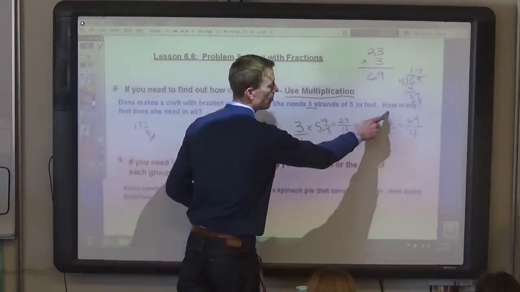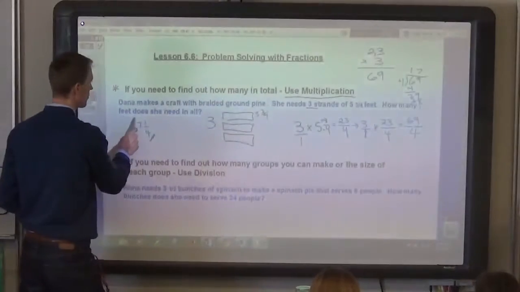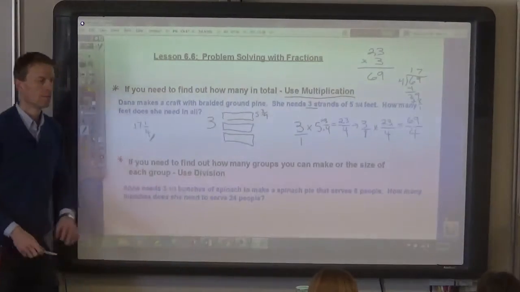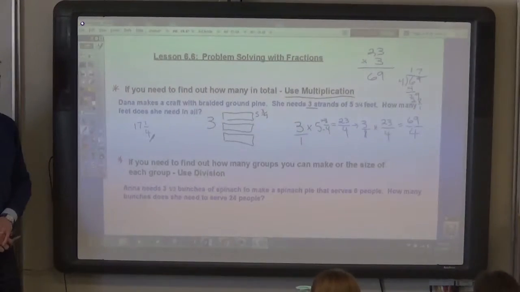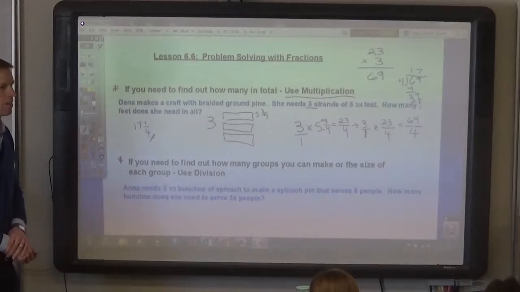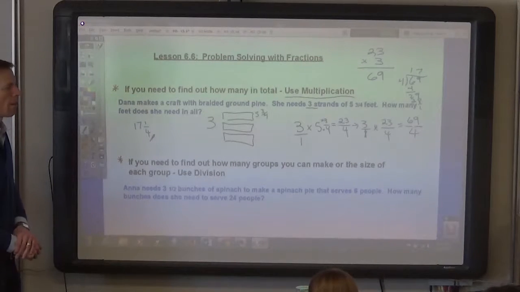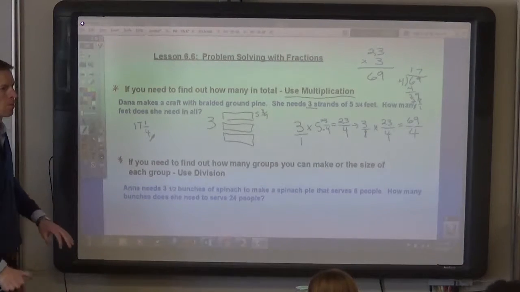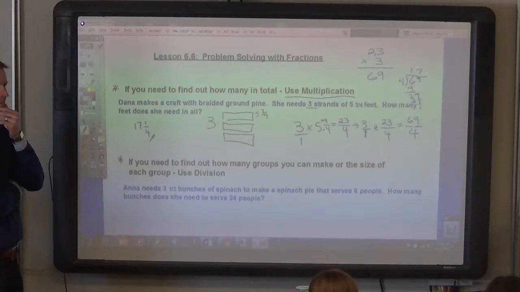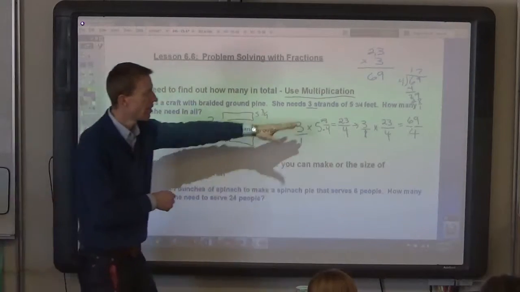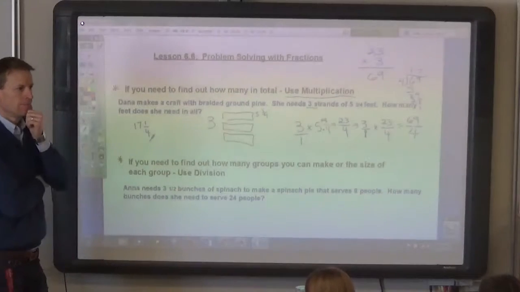Just the question. How many feet does she need? 3, 5 3/4 feet. What did we find? What number did we find with all of our calculations?